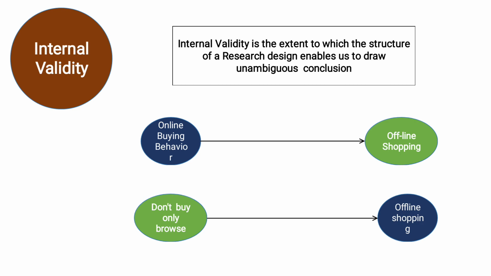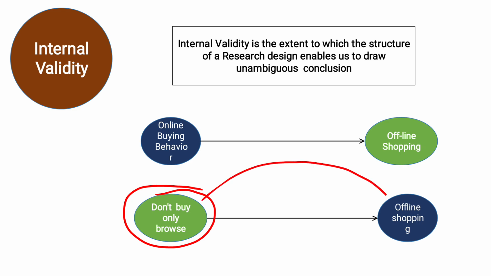No, there is another way: consumers also browse online without buying online, and they just buy offline. So my study design here should include this factor and also this factor.